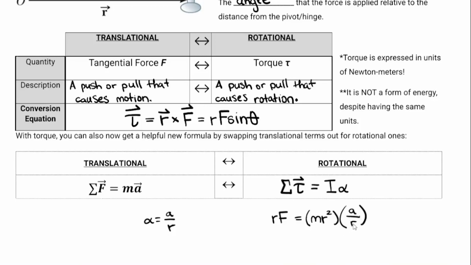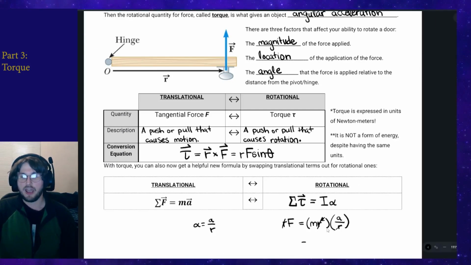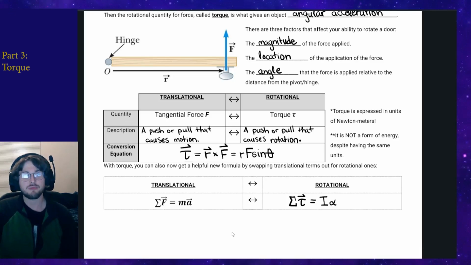So if you note here, this cancels out with one of the r squareds, and then this r would divide over to the other side to cancel that, and you would get F equals ma. So everything checks out. We're all okay. The world does not burn down, and we can proceed to do some fun stuff with this new fancy equation.